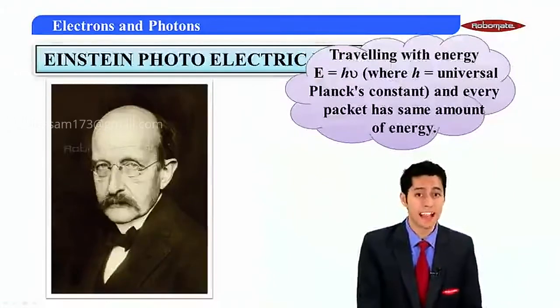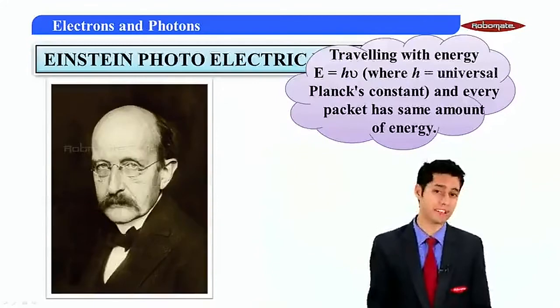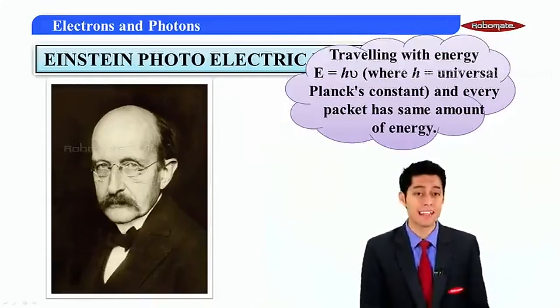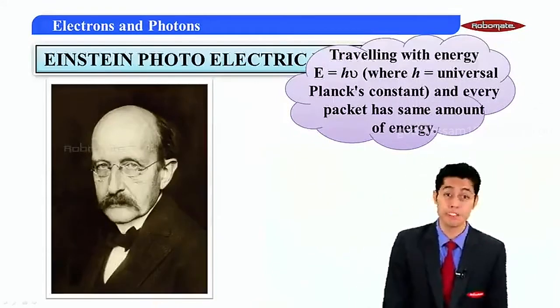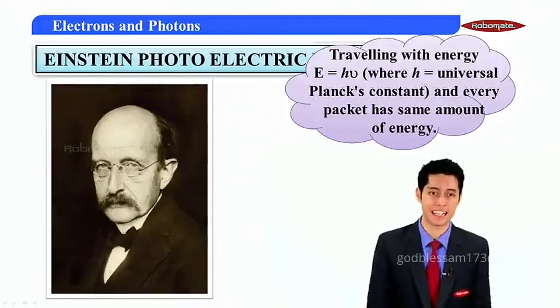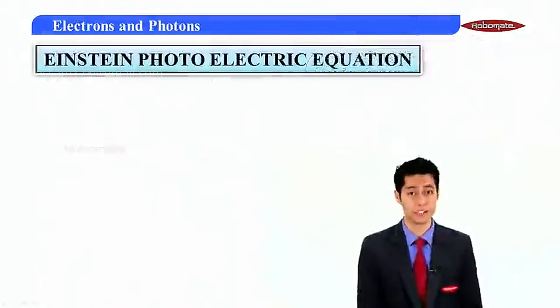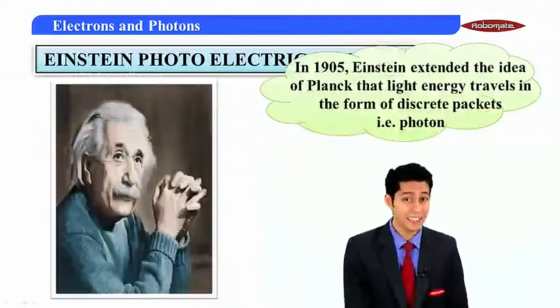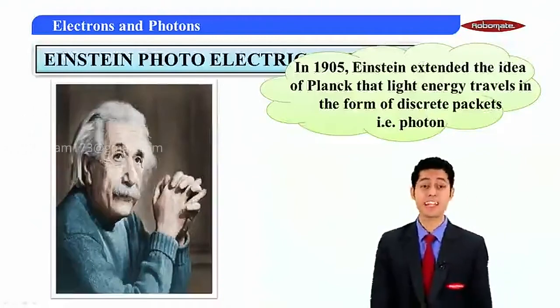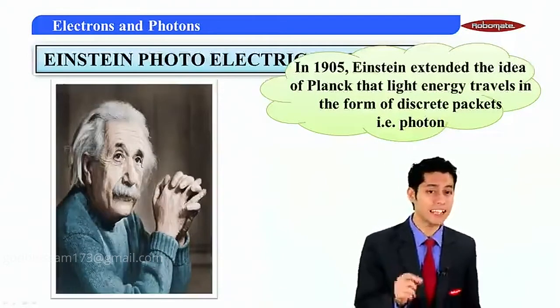He told that these packets have energy given by h nu, where h is the universal Planck's constant and nu is the frequency of the incident light, and every packet has the same amount of energy.